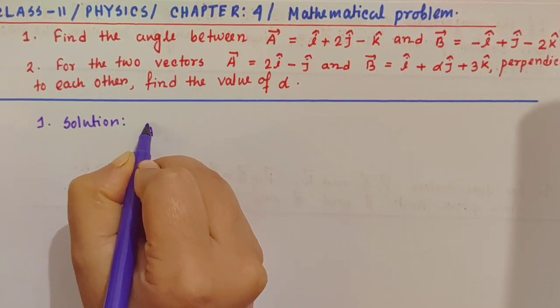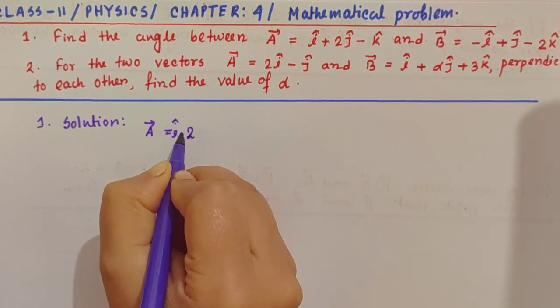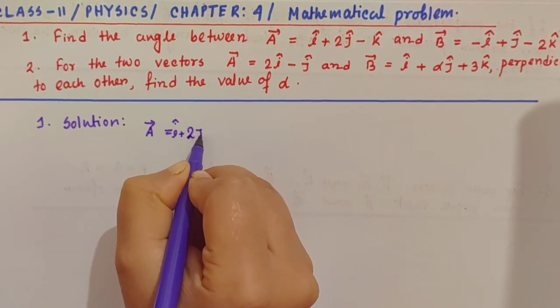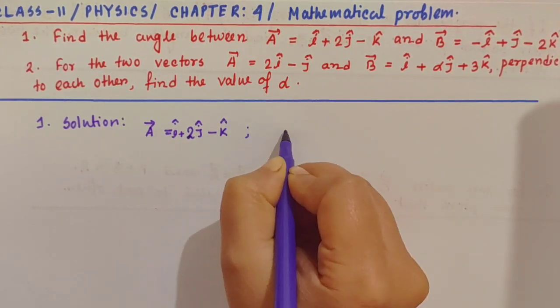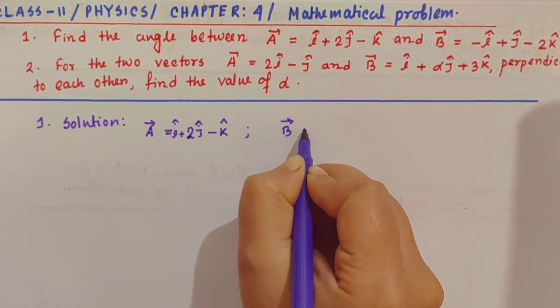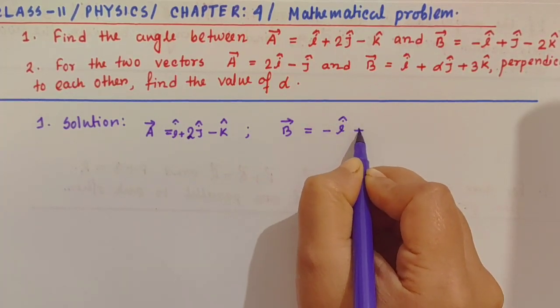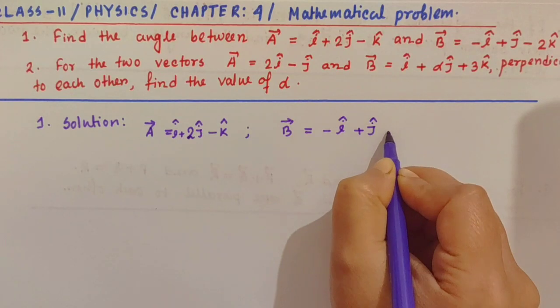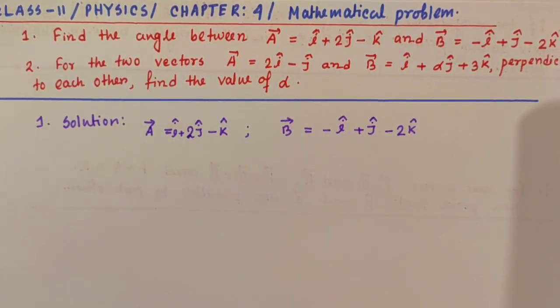First, we have to write vector A is equal to i cap plus 2j cap minus k cap, and vector B is equal to minus i cap plus j cap minus 2k cap.